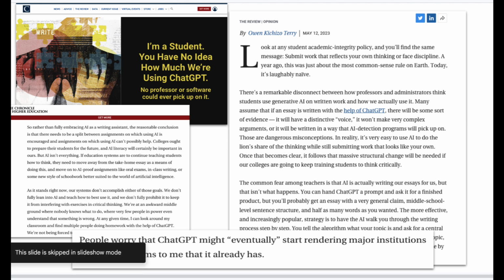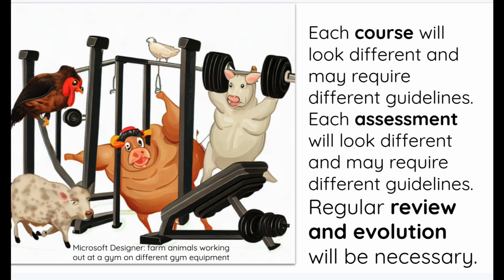We are also not interested in having no transparency relating to student use of AI. And so I think what we have to do is not only write policies for our courses, but also for each assessment, and regularly review and evolve as AI changes and our schools change and it becomes available to various different groups and becomes better.